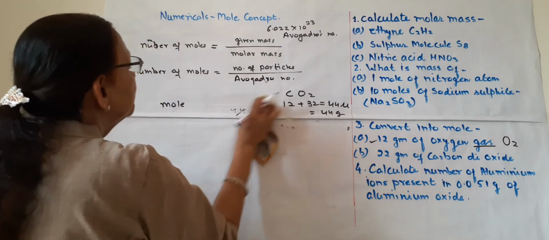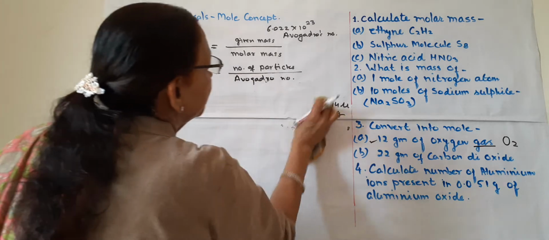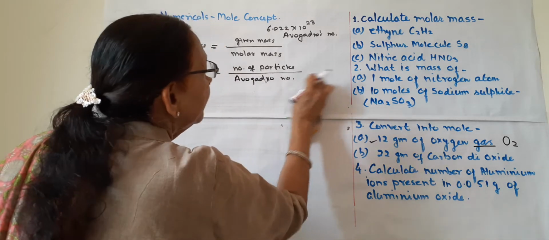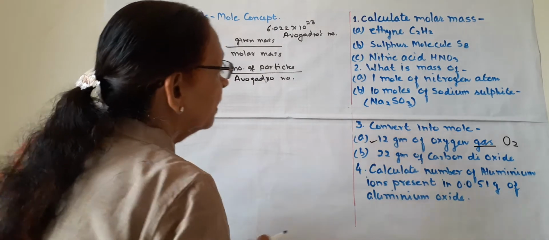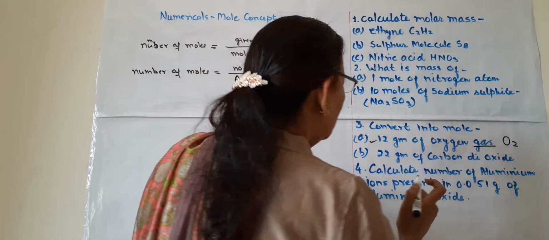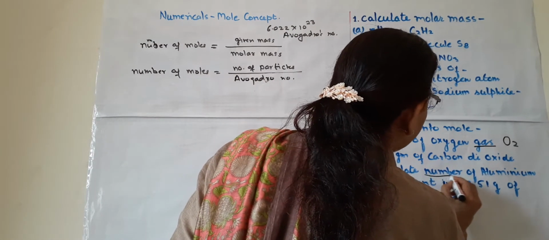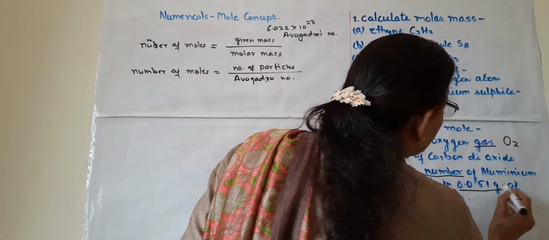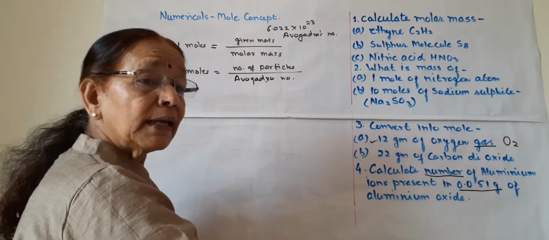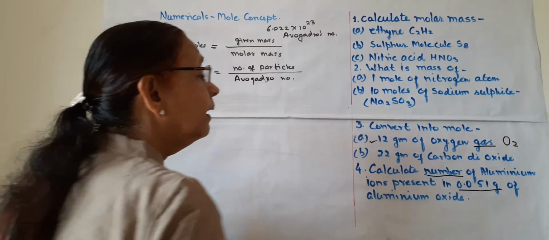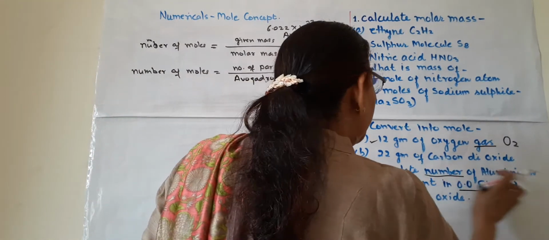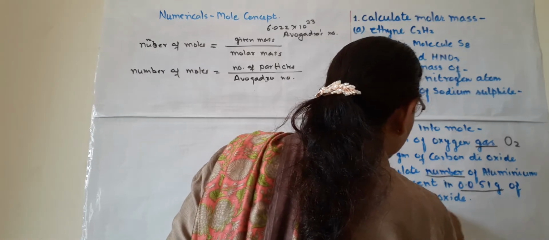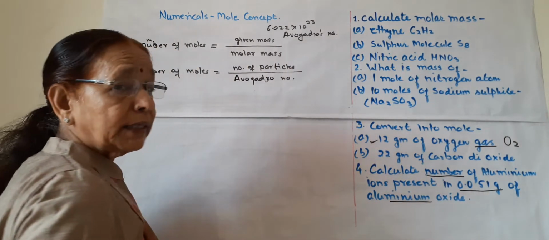Now come to the next question. It is a slightly tricky question. How? Because we have to calculate a number, and what is given? Mass is given, and we have to calculate the number of only aluminium ions which are present in aluminium oxide.